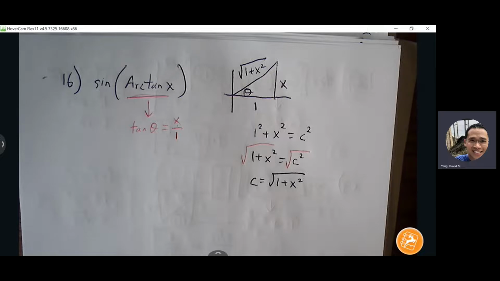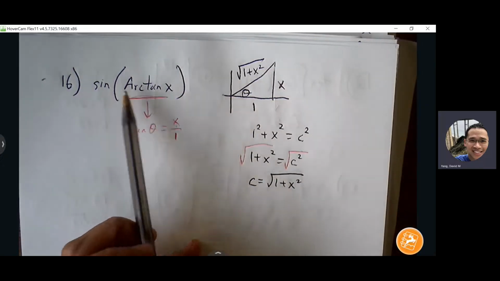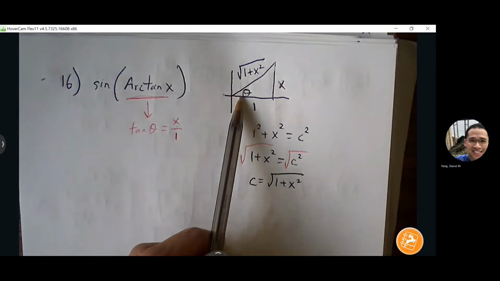Okay, so that's something new and different, right? Are we okay with why that hypotenuse looks the way it does? Okay. What's sine of theta going to be?